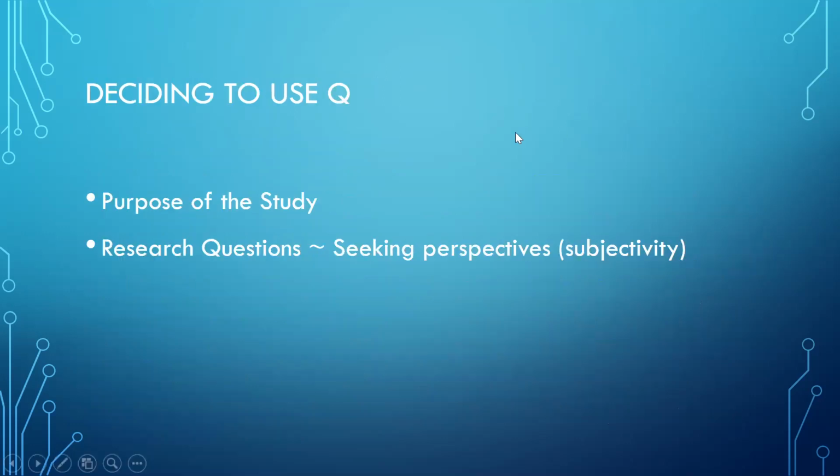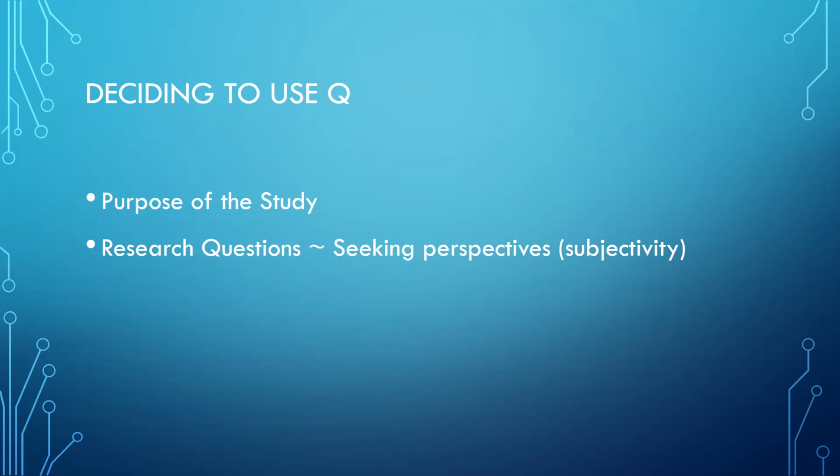All right, so why in the world would someone use Q? Well, we've already talked about the foundational aspect of it, that it has a subjective approach built into the way that it's structured. But first of all, you have to think about the purpose of your study. You can obviously say, well, I want to do a Q study, therefore I'm going to structure a Q study, and therefore that's how we're going to proceed.